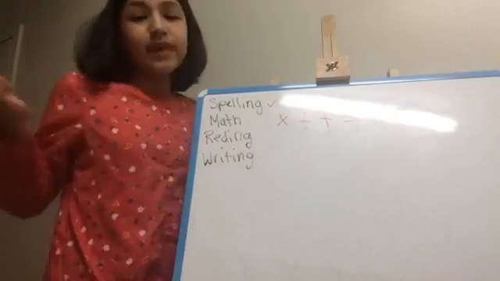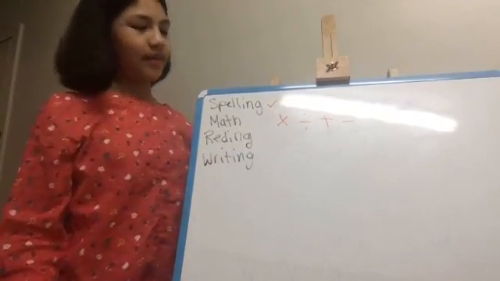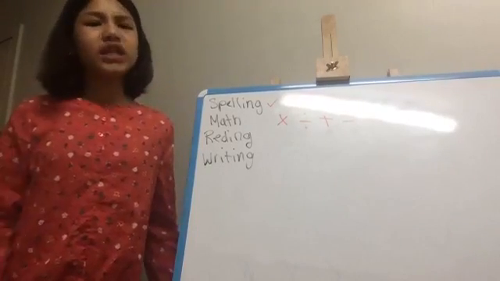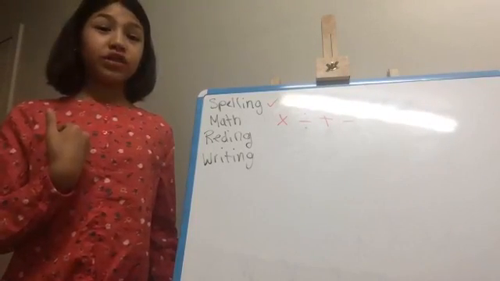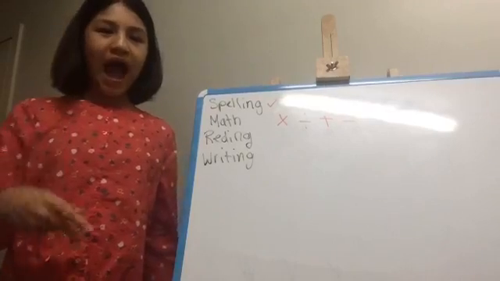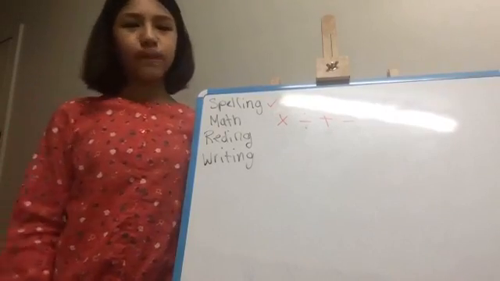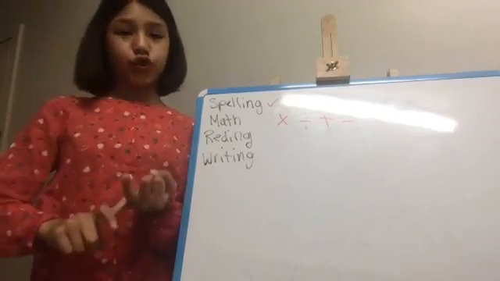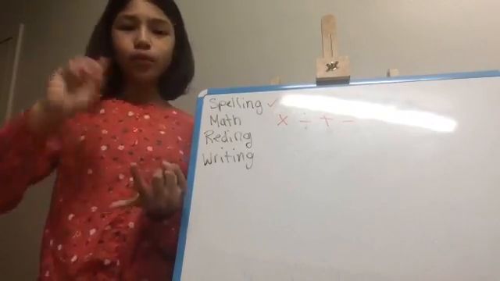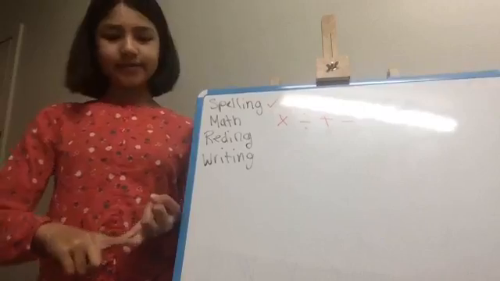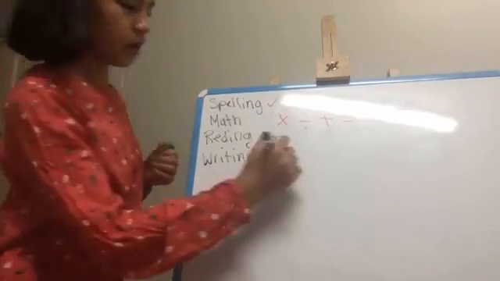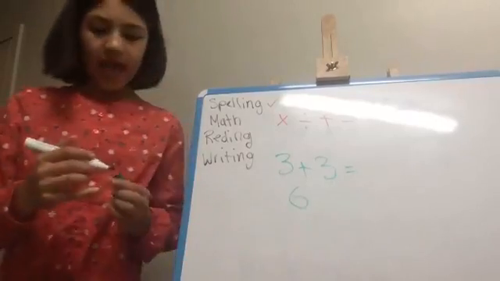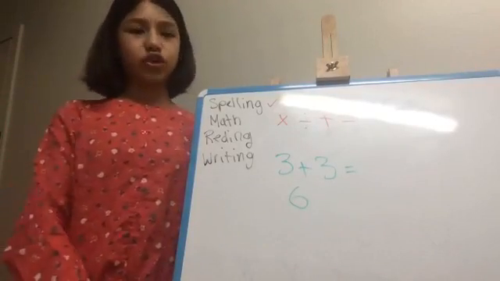Dividing is basically sharing. For example, you have 6 cookies and you want to share them with 2 people. How many cookies will each person get? 1, 2, 3. 1, 2, 3. 3 plus 3 equals 6. And there are 6 cookies in total.